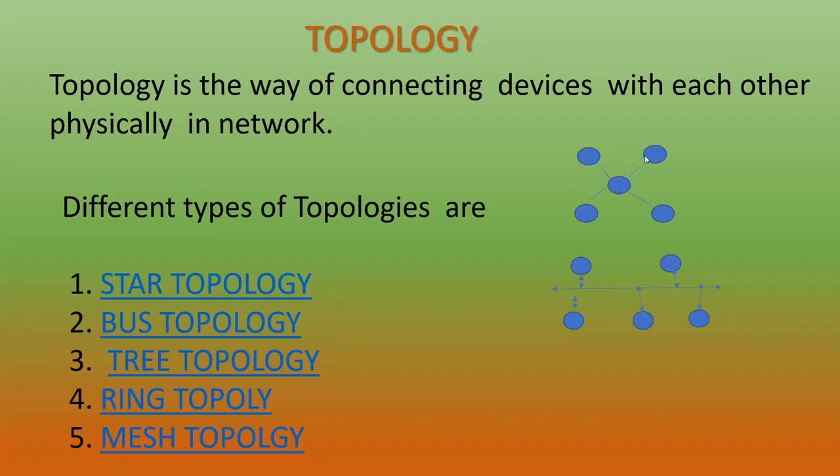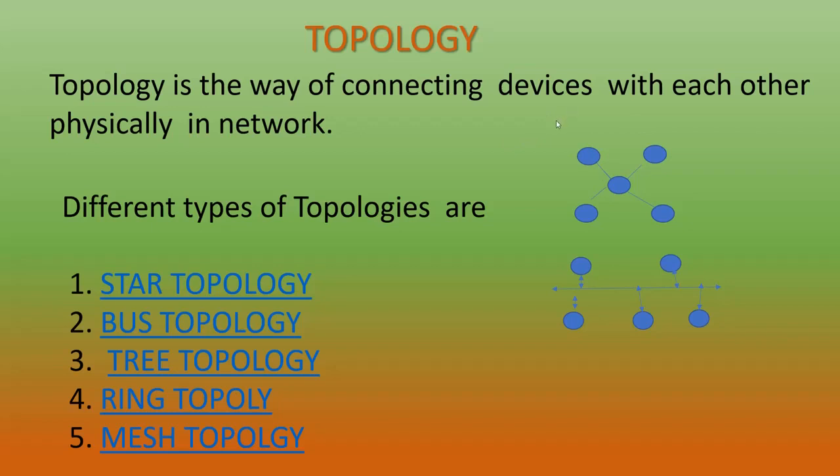So here all the devices are directly connected to the hub or switch. There are 4 devices. All 4 devices are directly connected to the central device or central hub or central switch. This type of topology is known as star topology. It is just like a star picture.